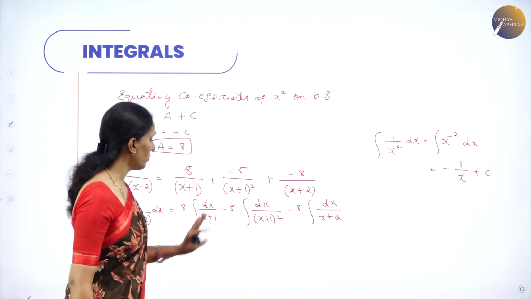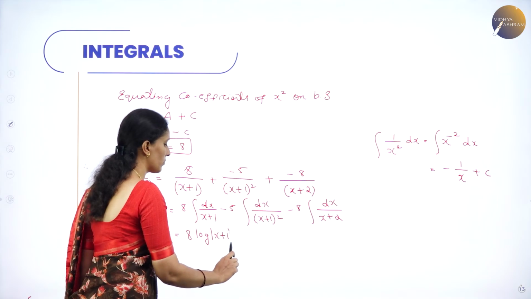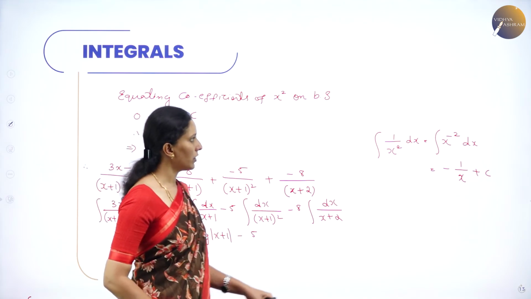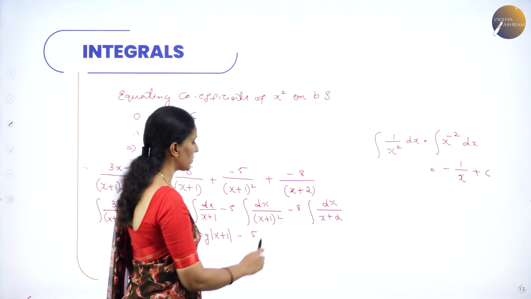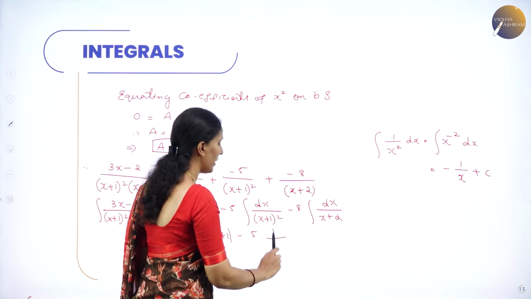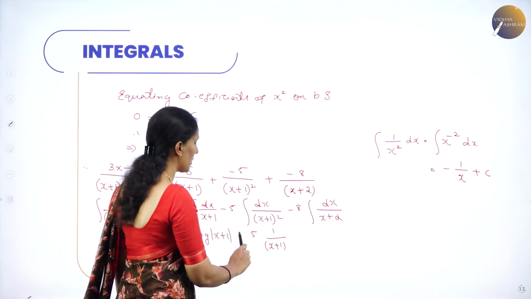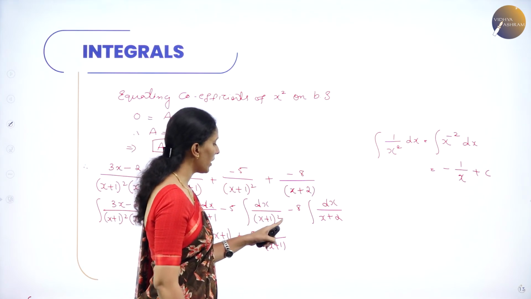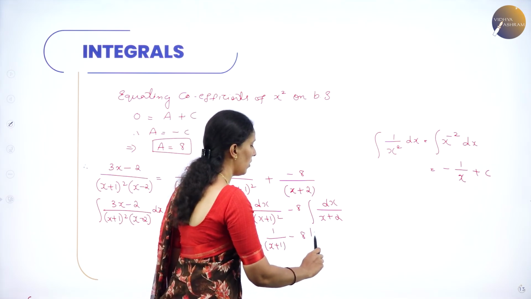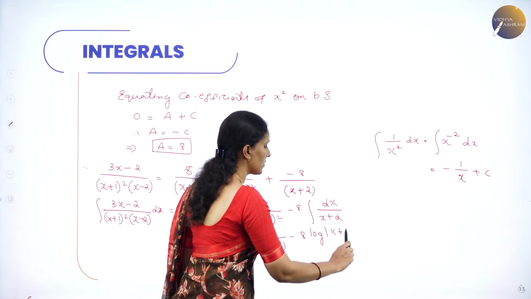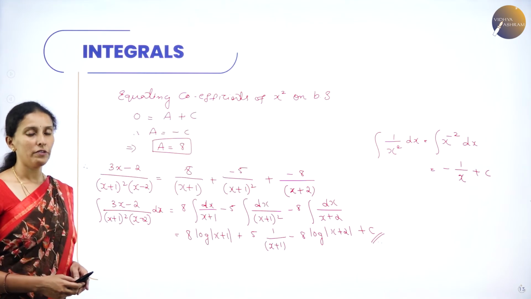So therefore here also you can write it as 8 log modulus of x plus 1 for the first one, minus 5 times 1 divided by (x plus 1) whole square, which becomes 1 divided by x plus 1 with a plus sign, minus 8 log of modulus x plus 2 plus c. So this is the integral of the given rational function.